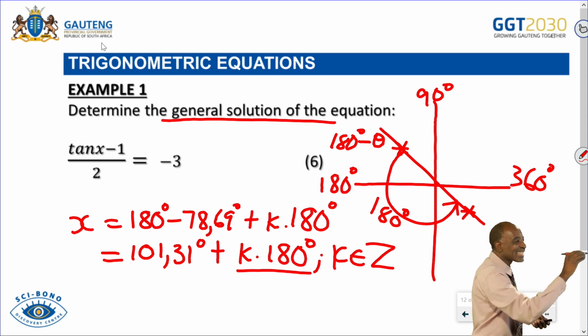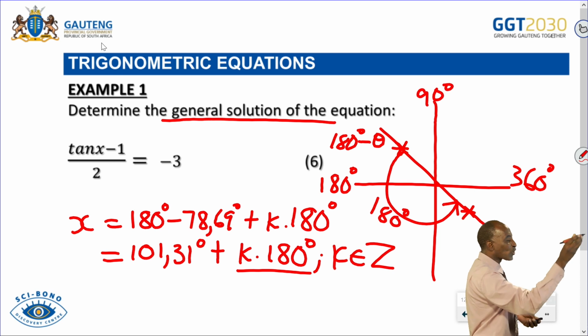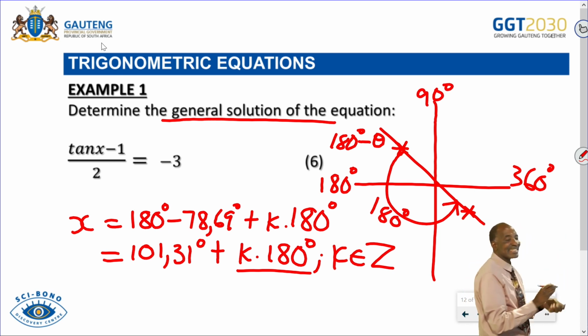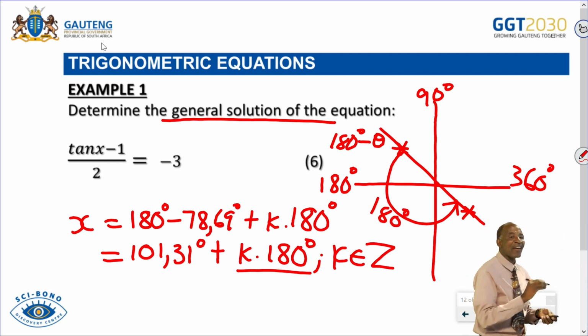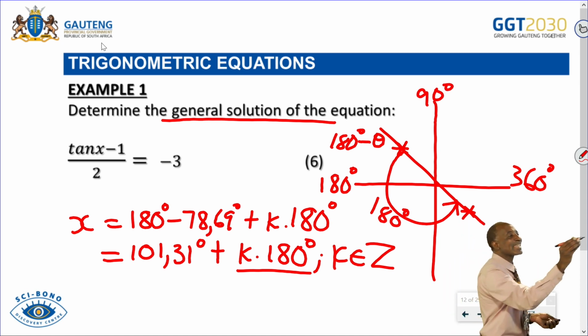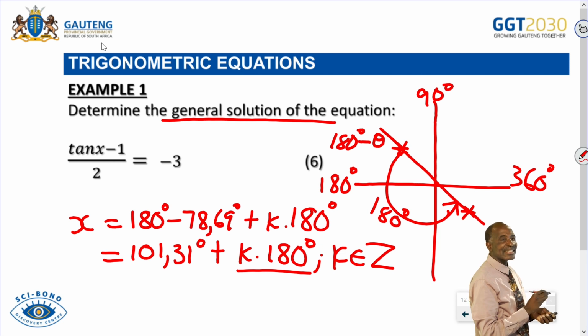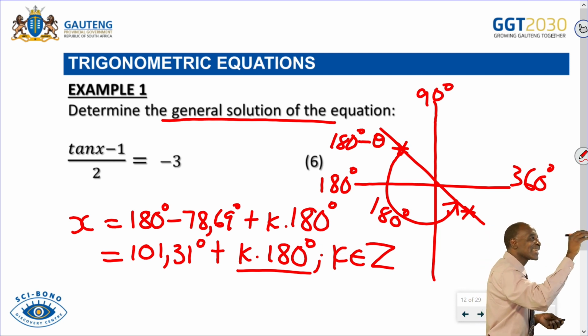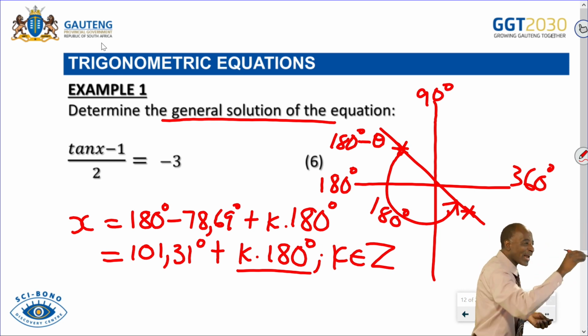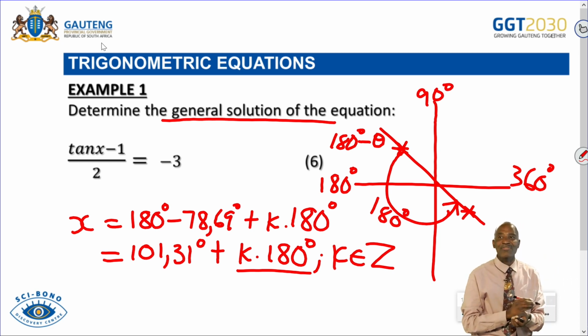So all angles that are in quadrant 4 are automatically covered in this statement because of half a revolution. You are not making a complete turn. When you make a complete turn, you come back to the second quadrant. But since you are making a half turn, which is 180 degrees, if I was in the second quadrant and I add 180 degrees, I go to the fourth quadrant.